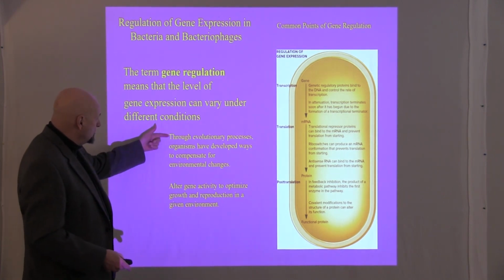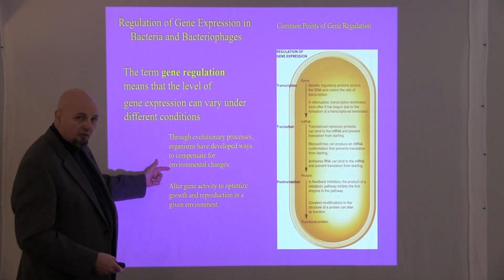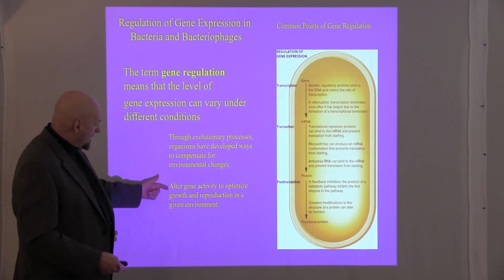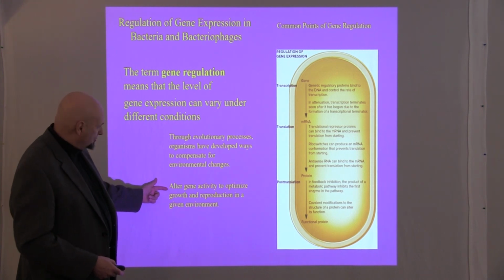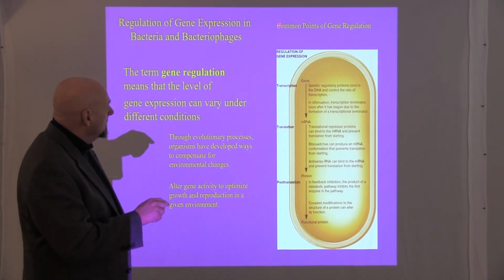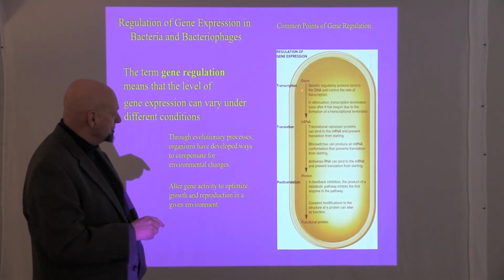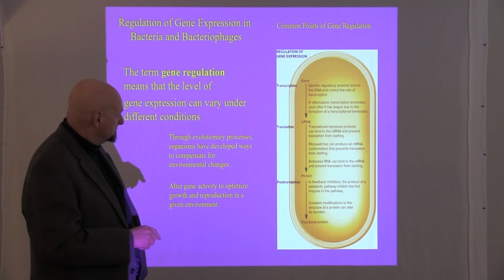So through evolutionary processes, organisms have developed ways to compensate for environmental changes. They've altered gene activity to optimize growth and reproduction in a given environment. So basically, when we look at common points of gene regulation, we're going to be looking at transcription and translation.